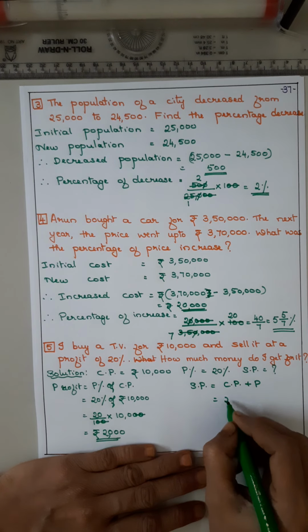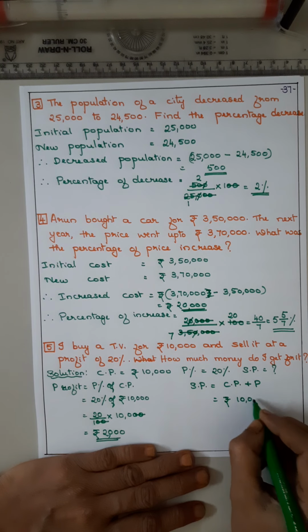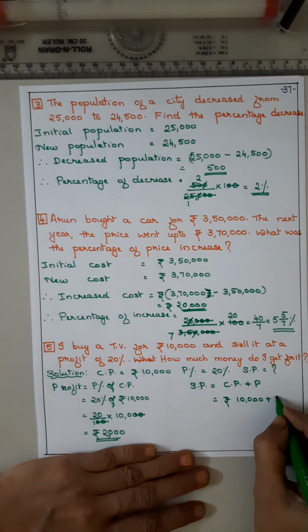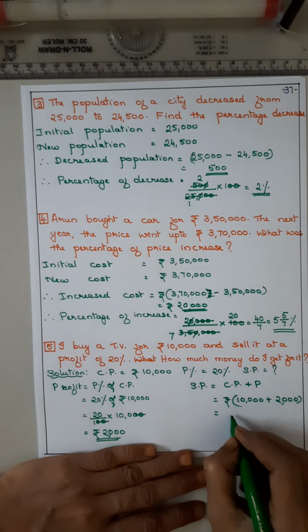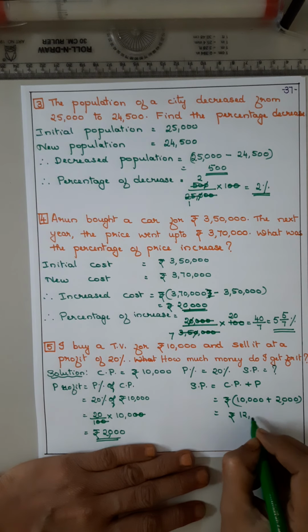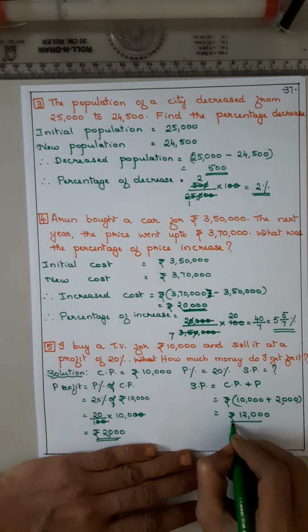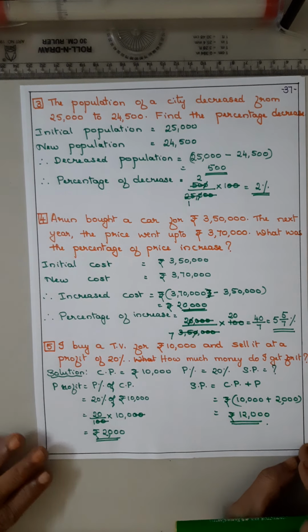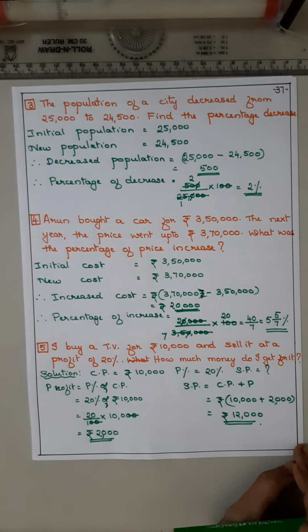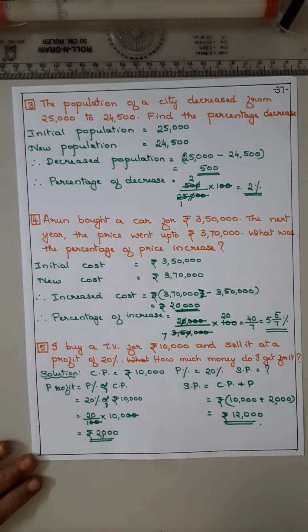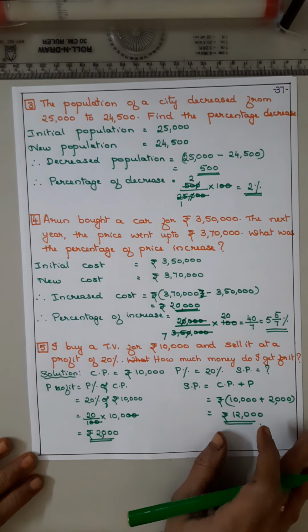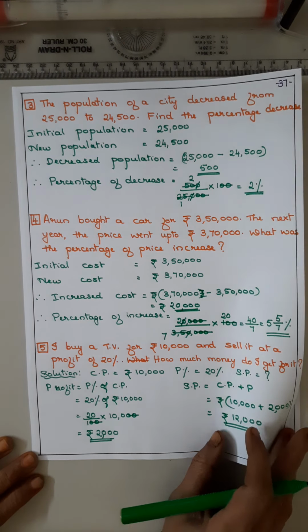So you got rupees 10,000 plus 2,000. So you got SP rupees 12,000. So to find out the SP when CP and profit percent are given, find out the profit, then you find out SP. Is it clear?